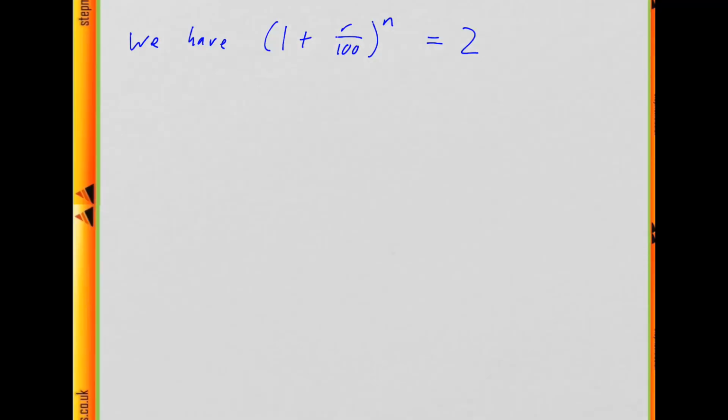So I've written this: 1 plus r over 100, which is what you multiply your investment by each year, to the n, because we're doing it for n years, is equal to 2. Because we want to double our investment, we want this factor we're multiplying by to be equal to 2.